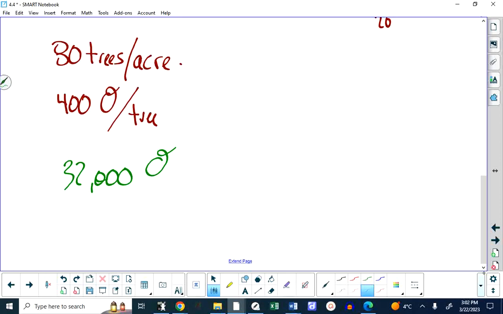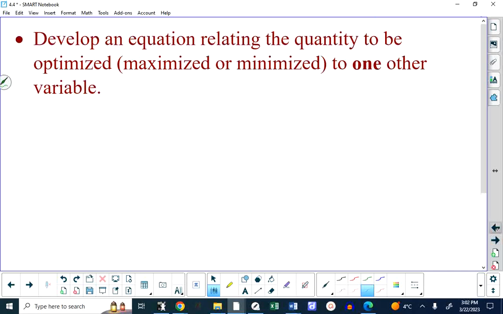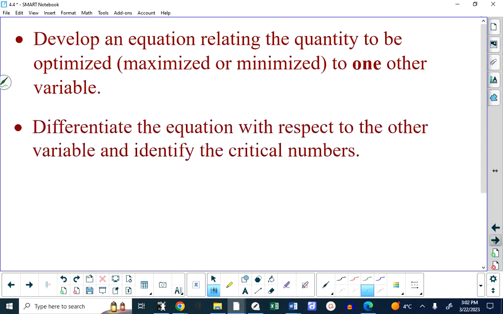So as I said, today we're just getting a start on this. What you do, and I will leave this up for you, is develop an equation that relates whatever you're trying to optimize to one other variable. You find d of the variable to be optimized, d of the other variable. You identify the critical values, and it will be a number of days before you encounter where you have to use a first derivative table.